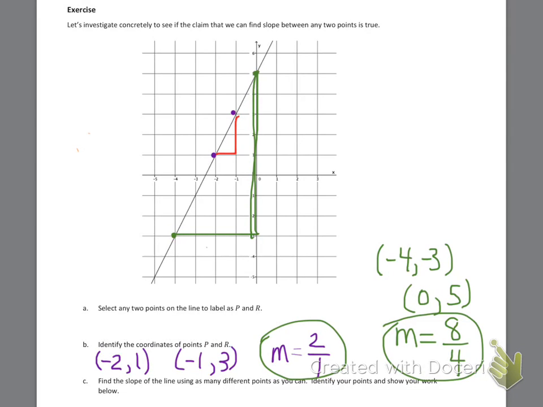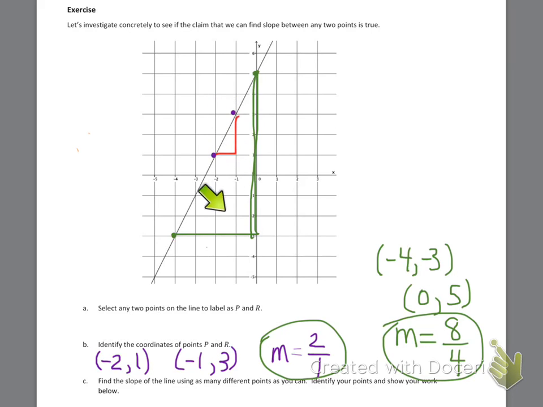Okay, so here are 2 examples of what you might have come up with. For my first triangle, I chose these 2 points that I labeled in purple, -2, 1 and -1, 3, and I drew the slope triangle for them and saw that the slope was 2 over 1. Here's the 2 and here's the 1. So that was actually a point where I could find that unit distance, unit of 1.